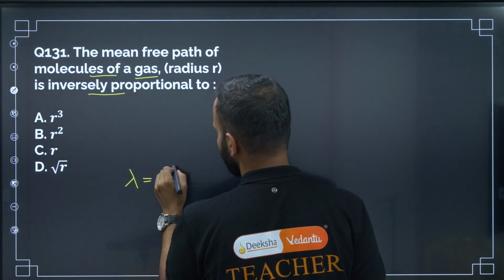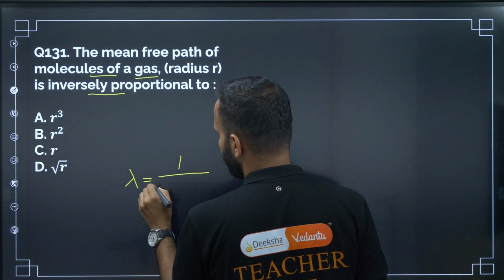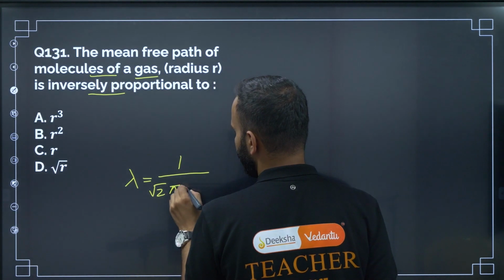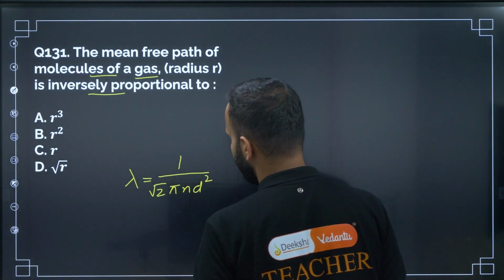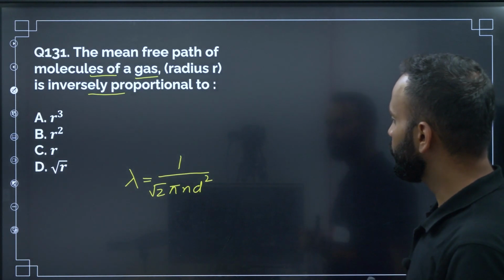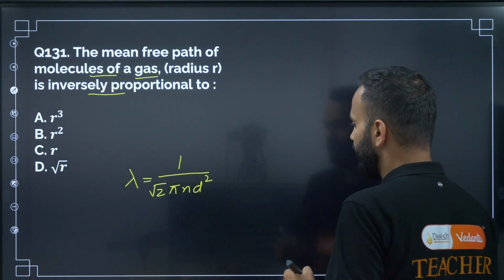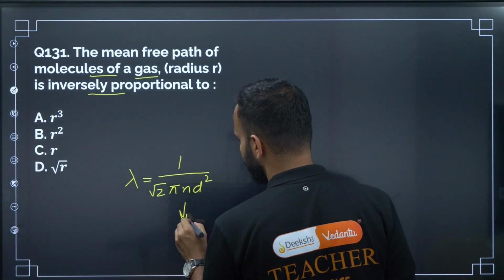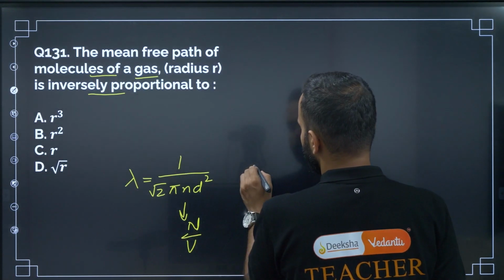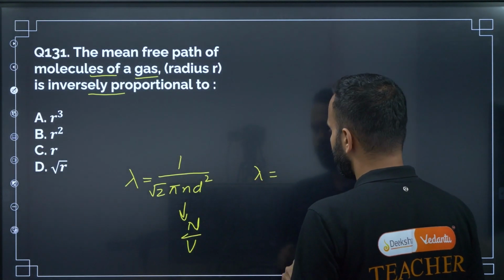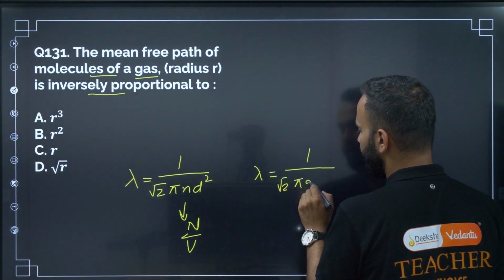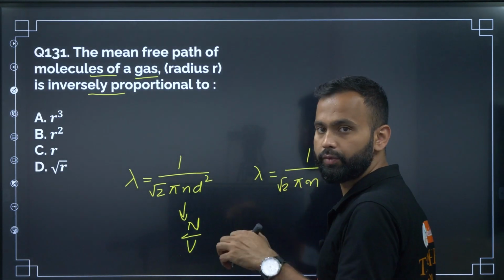That is lambda is equal to 1 divided by root 2 pi n d square, right? n is the number density, that is the number of molecules per unit volume, right? So now the mean free path lambda is equal to 1 divided by root 2 pi n d square, where d is the diameter of the molecule, right?